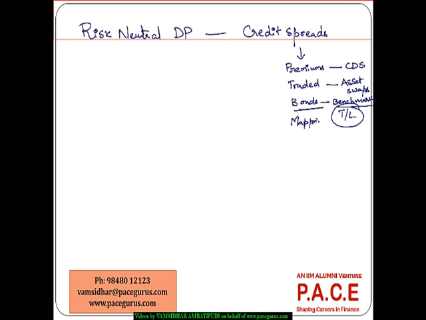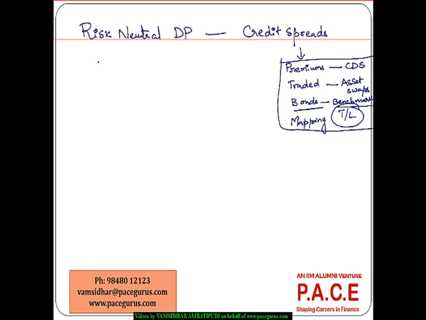But whatever it is, there are different methods that help us identify the credit spread. Now I get the credit spread, which is from the market, and based on that credit spread we try to arrive at the risk neutral probability of default.